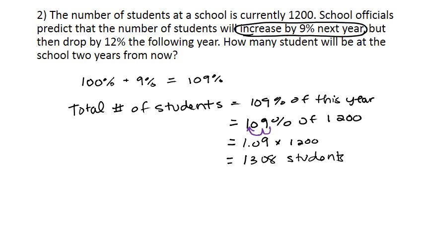We can use the same logic for the following year, so that it drops by 12%. Well, a drop by 12% means we have 100% minus 12%, which would be equal to 88%. So we're going to look at total number of students.